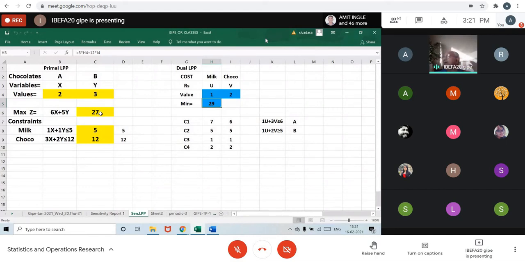This is called dual LPP. For every primal LPP, there is always a dual LPP. Now, what is the rule? Remember, if the primal LPP is maximum, dual will be minimum. If primal is maximum profit, dual will be cost.